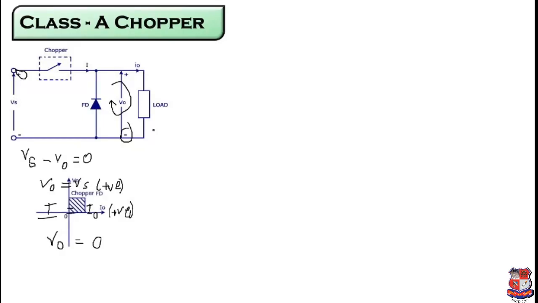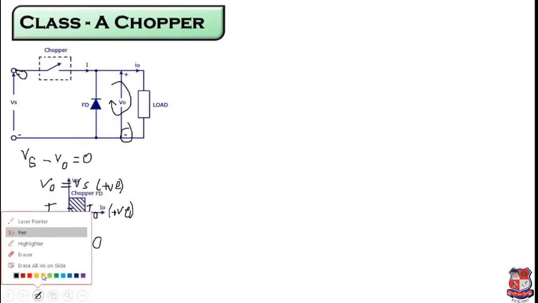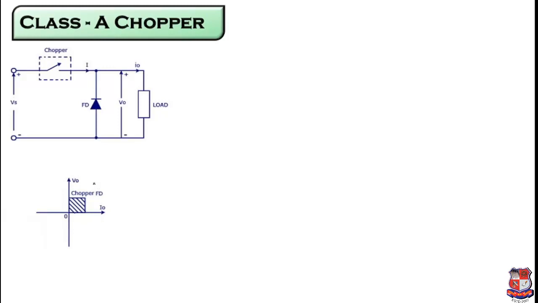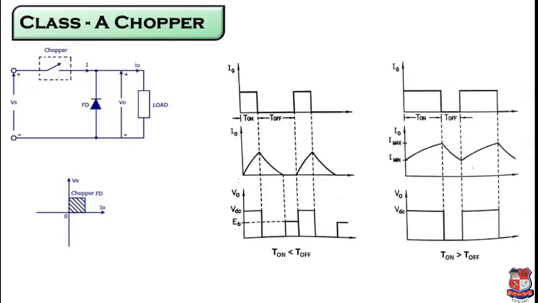From this you can say that the quadrant operation will look like this. Output voltage and output current, you will get the first quadrant operation. How will this occur? If the chopper turn on time is less than the turn off time, then it will be discontinuous conduction mode.